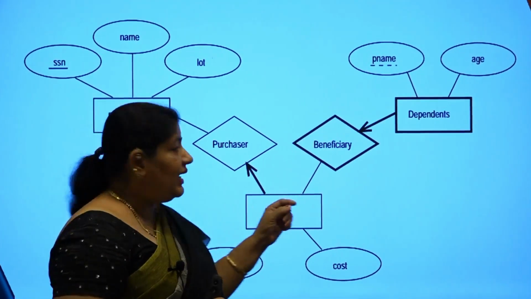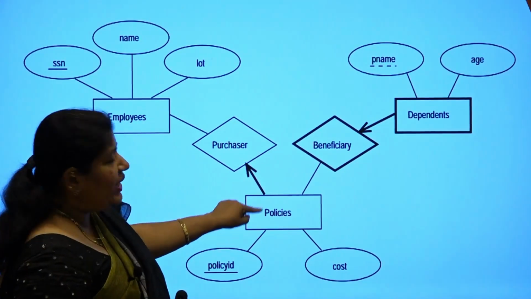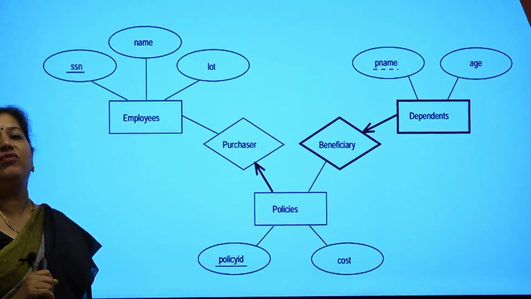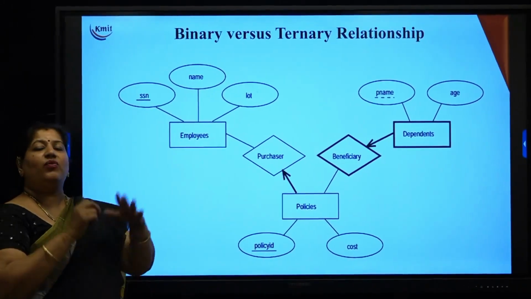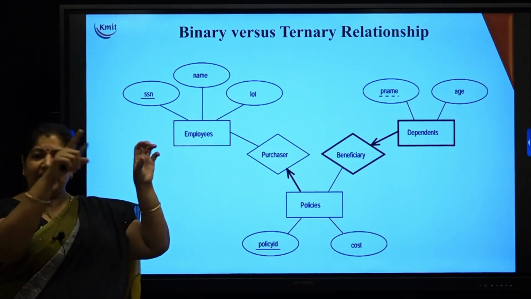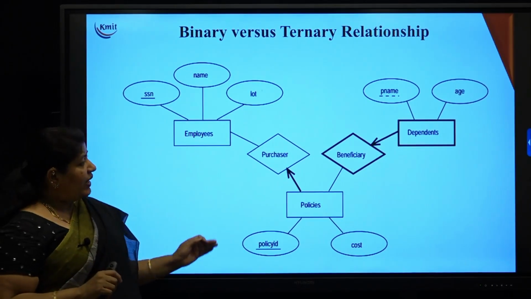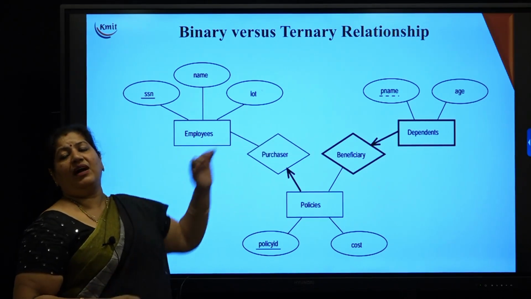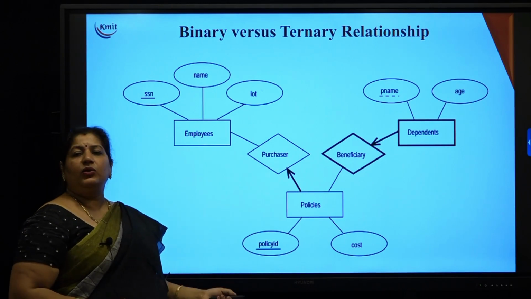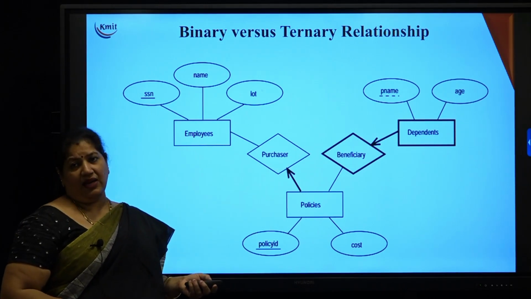So, automatically through a particular policy of a particular employee, the dependent is going to get benefited. Instead of a ternary relationship which simply says the employee, dependent and policy are covered, which particular policy covers which dependent can be clearly identified through this binary relationship.